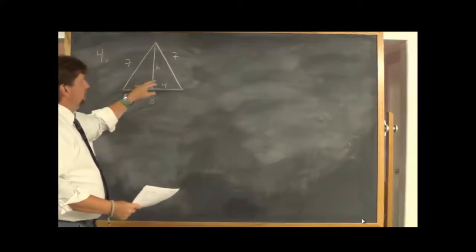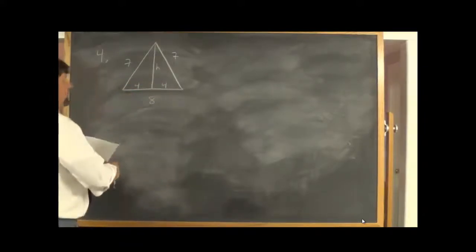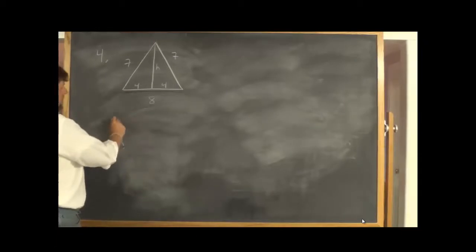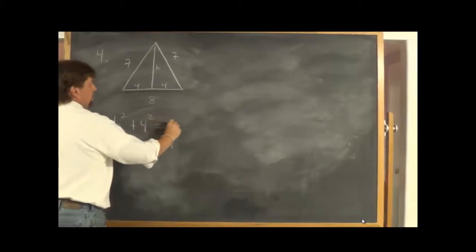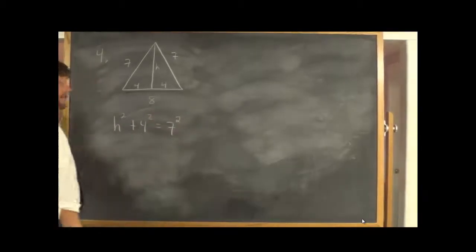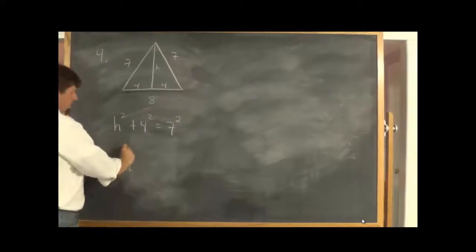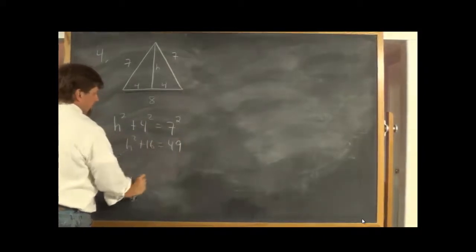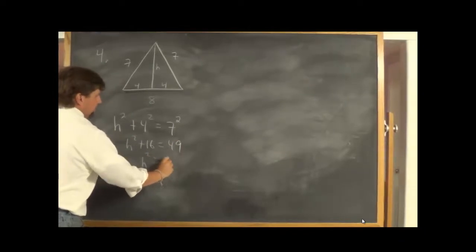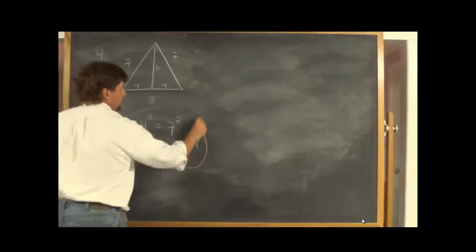It doesn't matter which right triangle you use, the Pythagorean theorem will tell you that h squared plus 4 squared is equal to 7 squared. So h squared plus 16 equals 49, h squared equals 33.